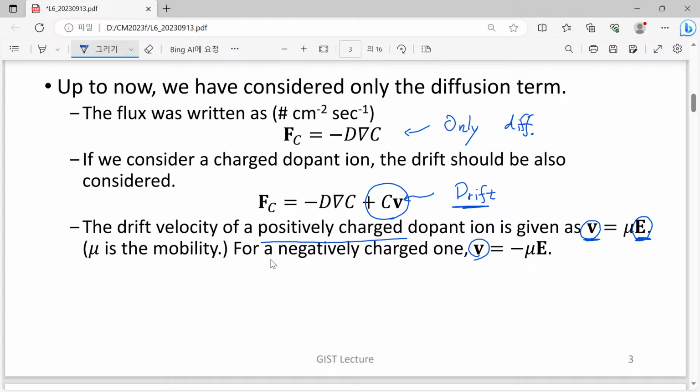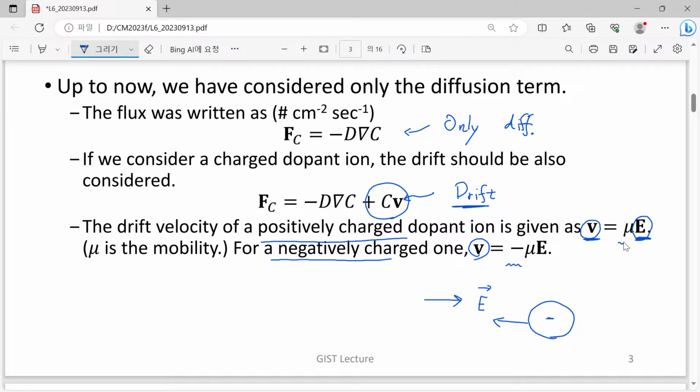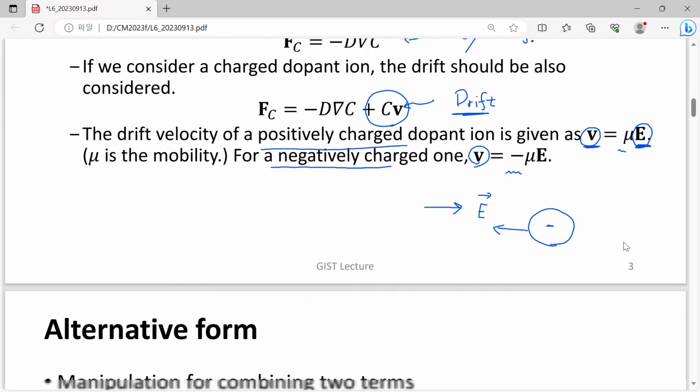However, if we have a negatively charged dopant ion, for example boron, then although the electric field is applied this way, the ion can move in this direction. So please note that we have a difference of polarity due to the different charged particle.